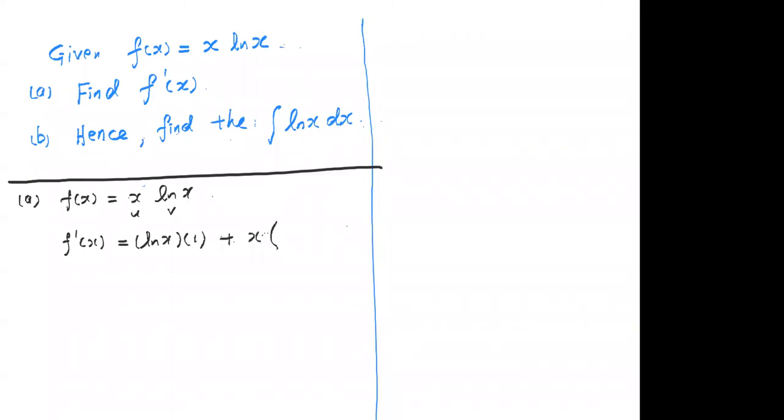When you differentiate ln, you put f(x) down here and f prime x up here. Am I right? So I end up with ln x plus 1.